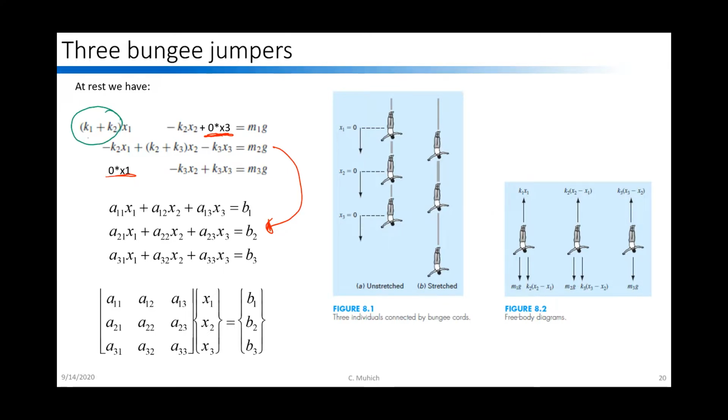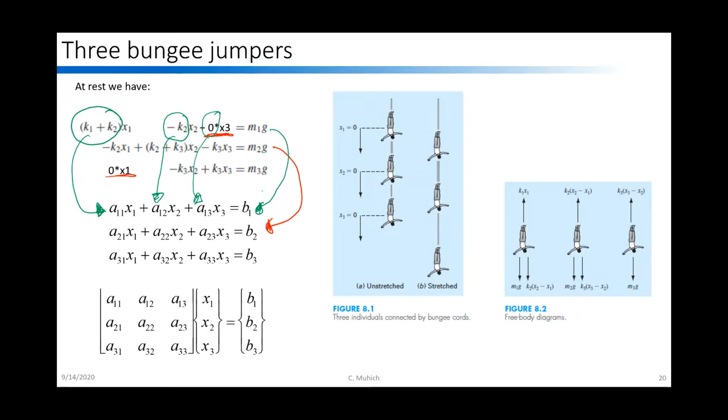I can look and see this first k1 plus k2 term would correspond to a11, negative k2 would correspond to a12, and then 0 would correspond to a13. And then b would be our m1g.